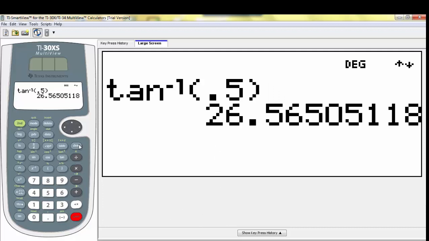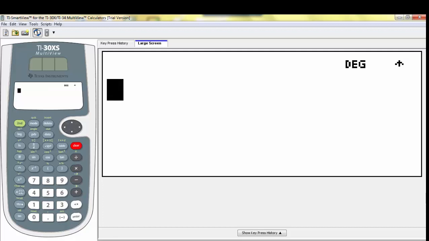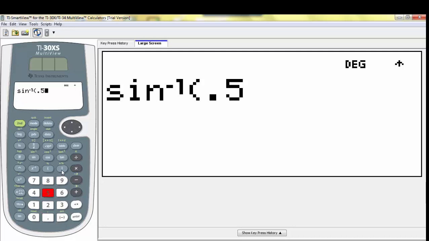If we do the other calculation, which was the inverse sine of 0.5, the second problem, I'll do that one on here right away. Type in second sine 0.5 and then enter, and that would be 30 degrees.